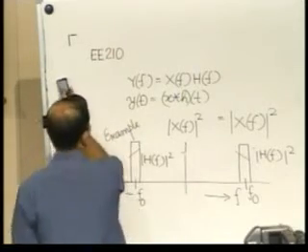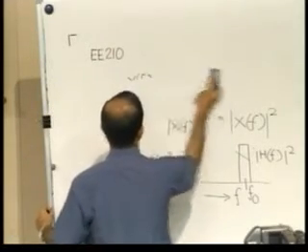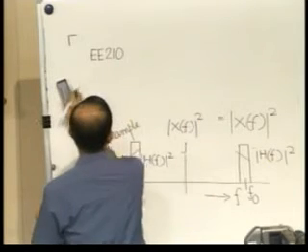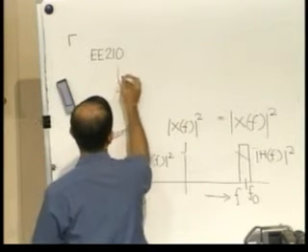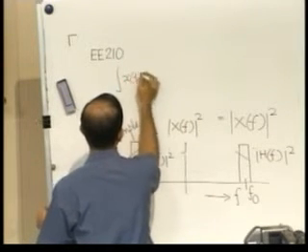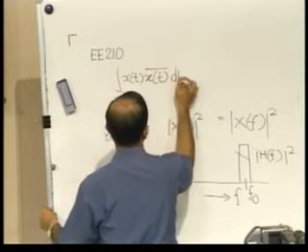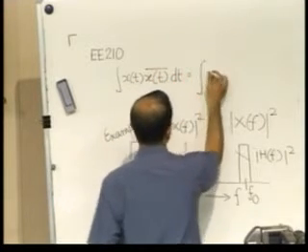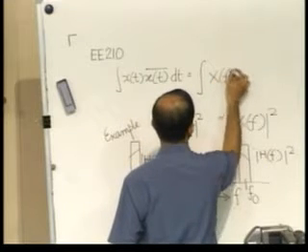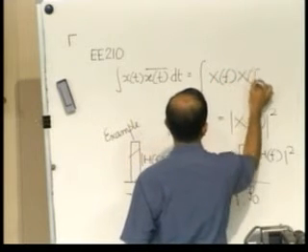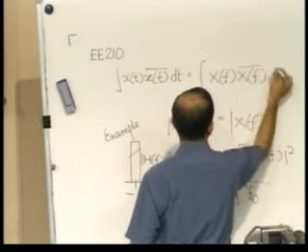First let's look at the integral of mod X(f) squared over all f. So we use Parseval's theorem. Parseval's theorem says the integral of x(t) x bar(t) dt is equal to the integral of mod X(f) squared df.